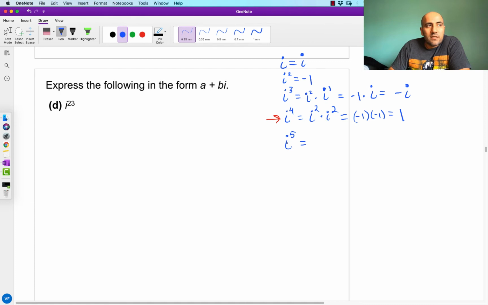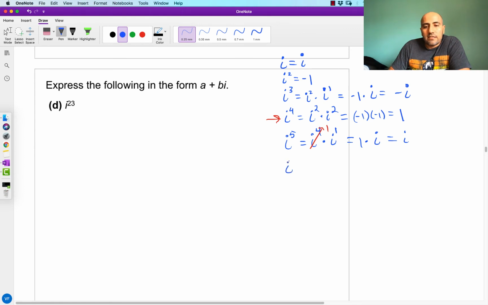So for instance, i to the 5th power is going to be i to the 4th power times i to the 1st power, and then that i to the 4th power becomes a 1. So we get 1 times i, or just i. So i to the 5th power is just i.